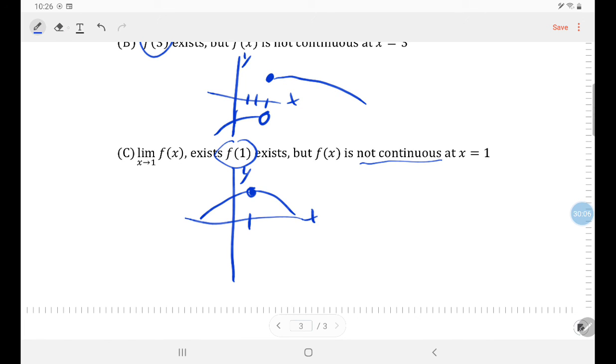So in this case, that's not going to work, because if I fill in that hole, it is continuous, so I'm going to go ahead and just put a dot right there. So I have a limit at this hole. I have an f of 1 at that dot right there, but they're not the same. So those are just a few examples of ways you could draw these.